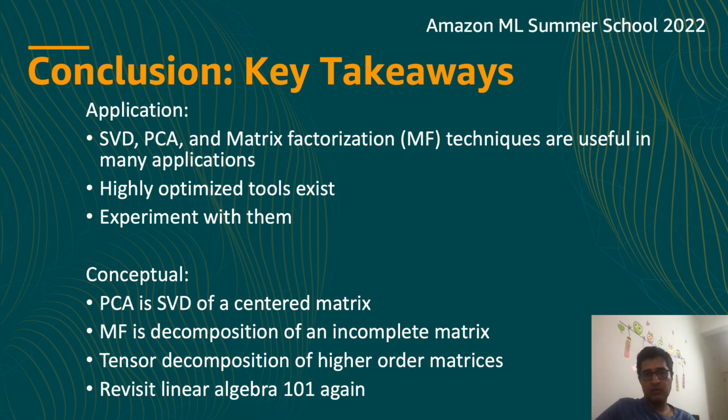For a centered matrix, you have just taken the rows of the X matrix and subtracted the mean out of them. Your matrix factorization is decomposition of an incomplete matrix where the individual elements are not completely observed. There is another decomposition: tensor decomposition is when you have higher order matrices, or tensors, involved.